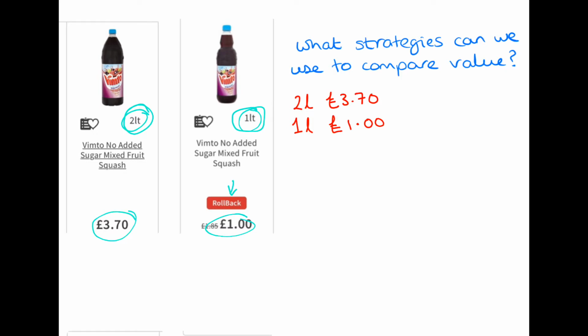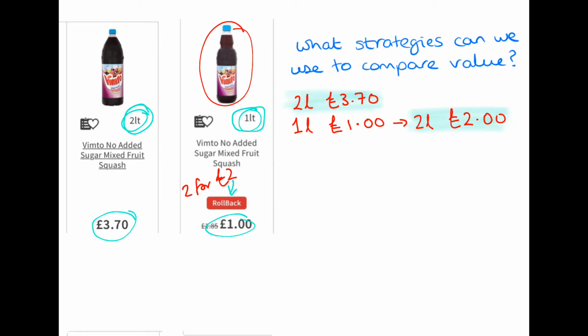How can we compare which is best value? Well, let's think about it. If we know that 1 litre of this size costs £1, then if we bought 2 of those, 2 litres would cost £2. So we have a direct comparison, because in the big bottle, 2 litres costs £3.70, and in the smaller bottles, if we bought 2 of them, we'd still get 2 litres of Vimto, and it would only cost us £2.